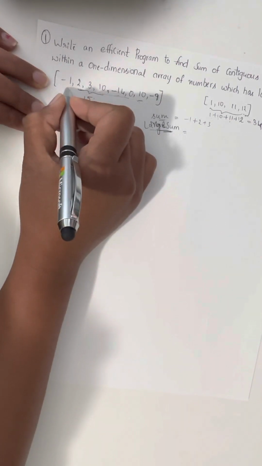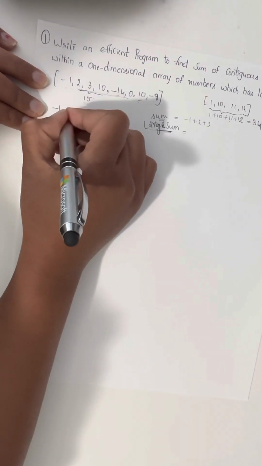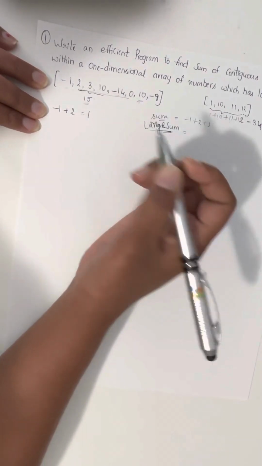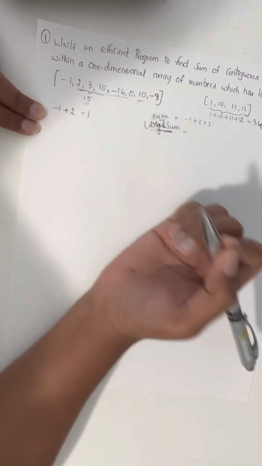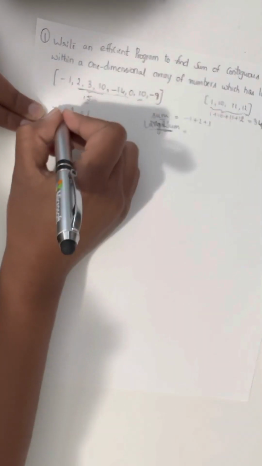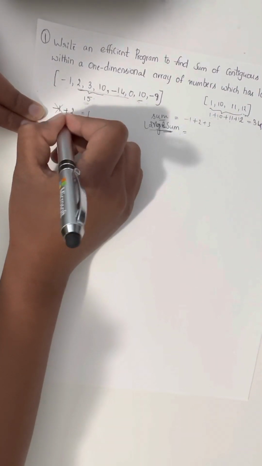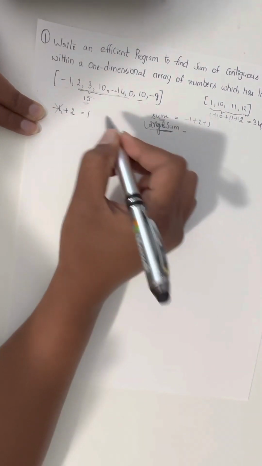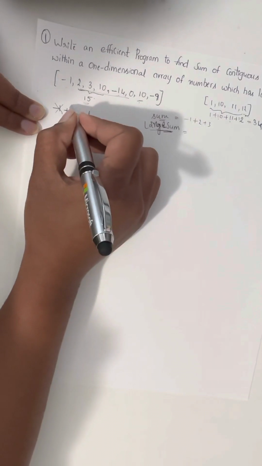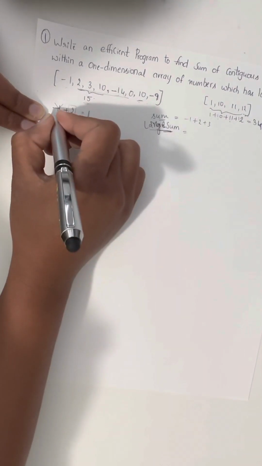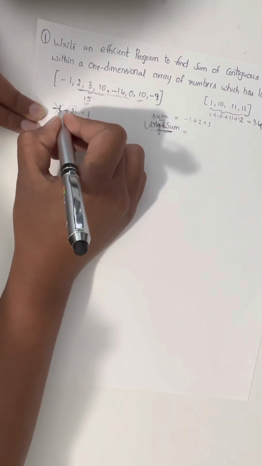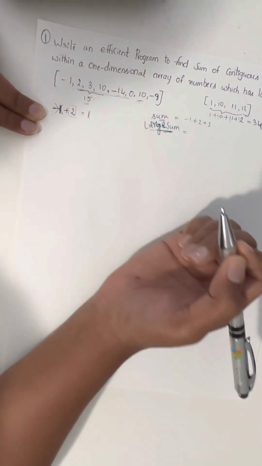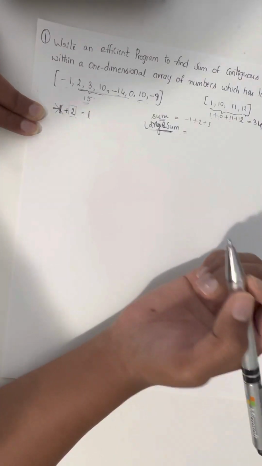So if you see here, we have -1 plus 2, which becomes 1. In this case, we need to ignore the -1, because if we add the -1 to the 2, the sum is decreasing compared to the 2, right? We just need to ignore the -1. So how can we do this?